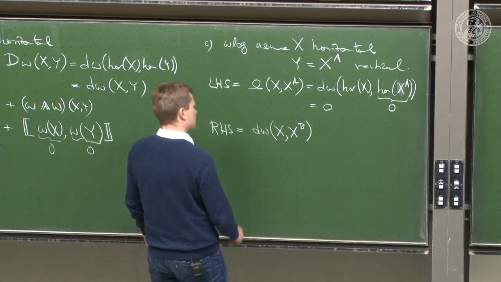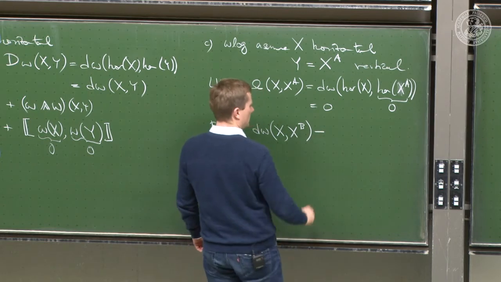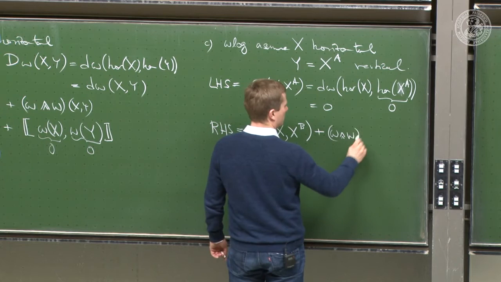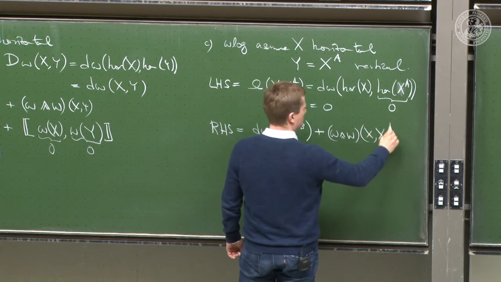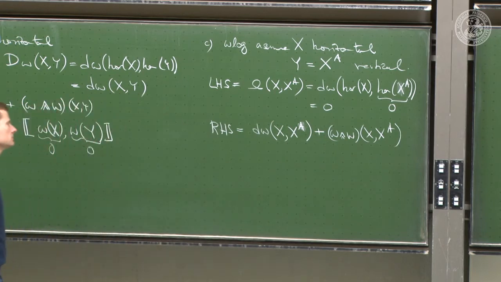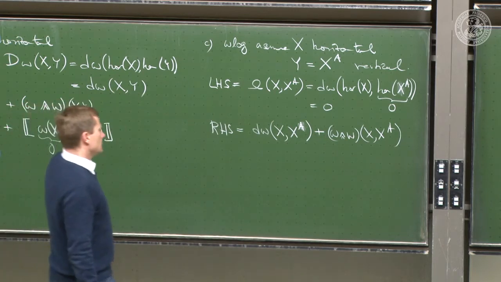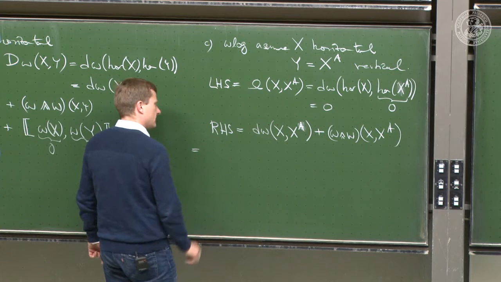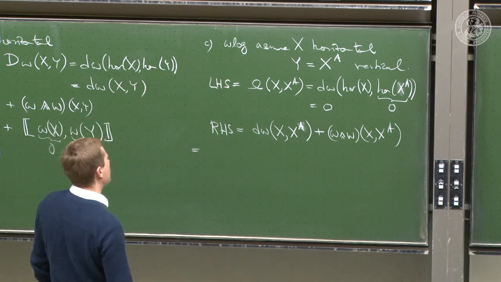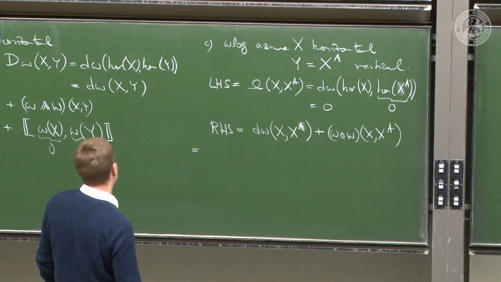Yes, I think in this case we again have to expand this. And then there is a plus omega wedge omega of x and xa here. Okay, so I think we have to again write down the whole thing. Yeah, let's do that.